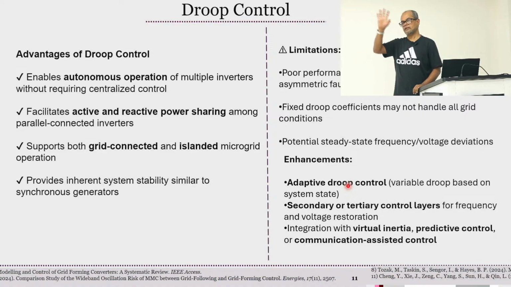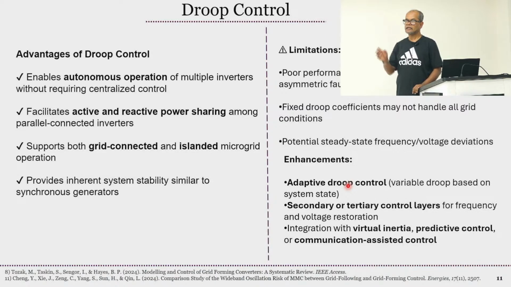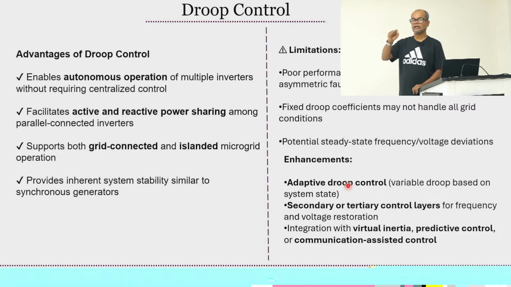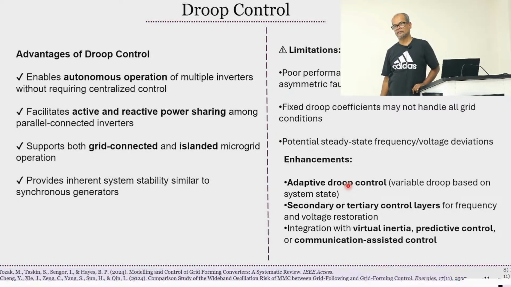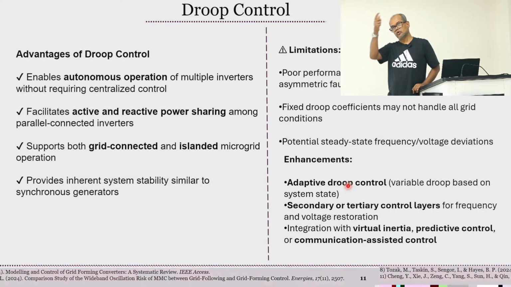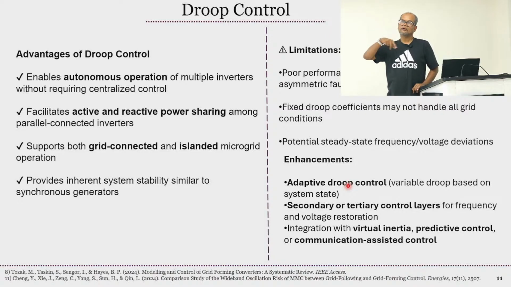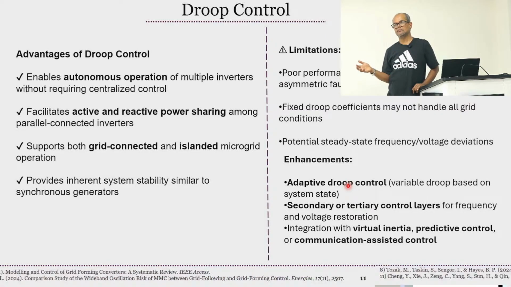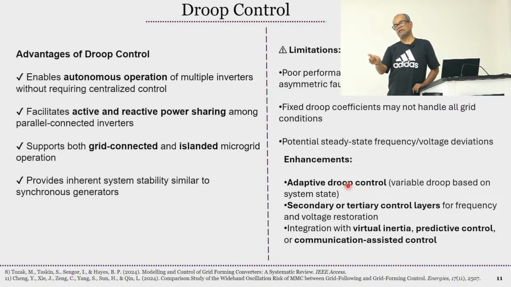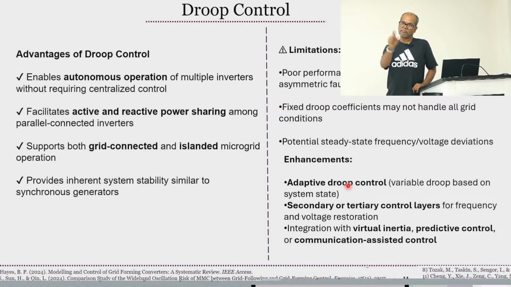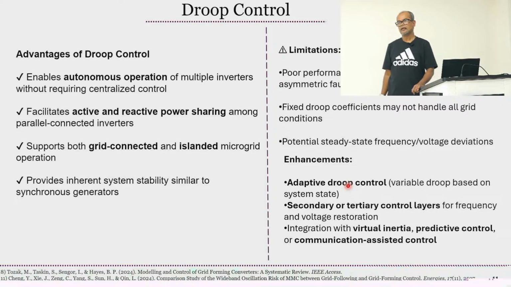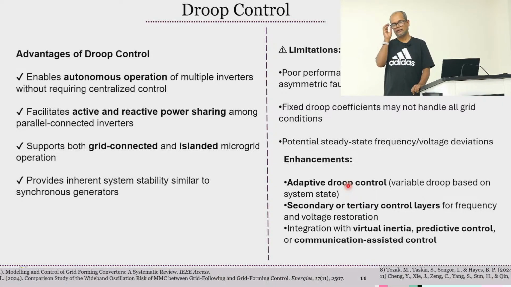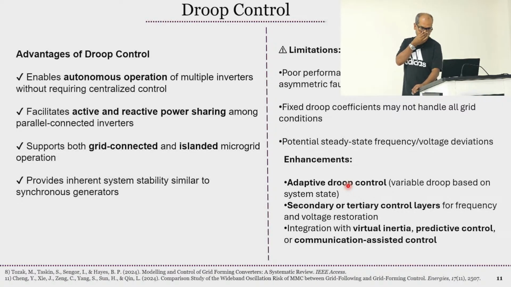You could also have secondary control. That secondary control gives the reference to the droop when the system condition changes. That's how your overall microgrid works. Even using droop plus secondary, sometimes you also have tertiary, but up to secondary is fine in most cases.